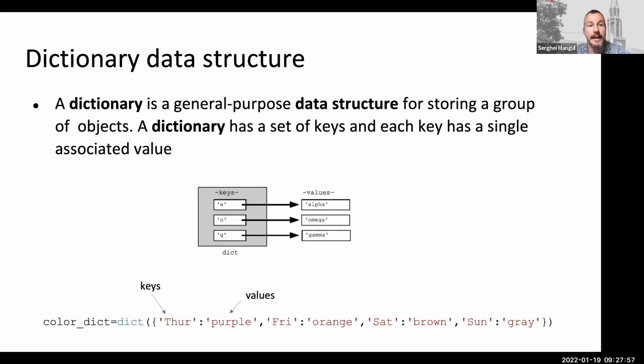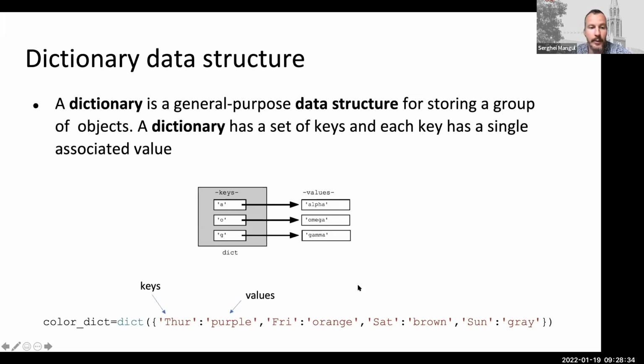At least in normal settings, we don't want a color to correspond to several days, because that's not the purpose. The purpose is for every day of the week to have a distinct color. So the keys will be Thursday, Friday, Saturday, and Sunday, and they will correspond to purple, orange, brown, and gray, one by one. So purple will be Thursday, orange will be Friday, and so on.